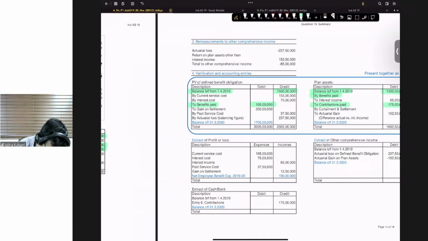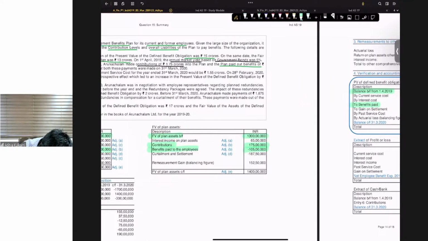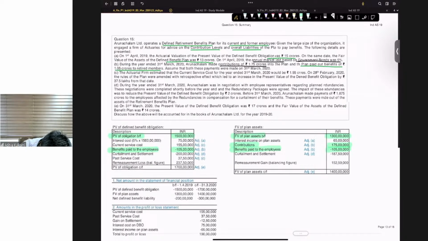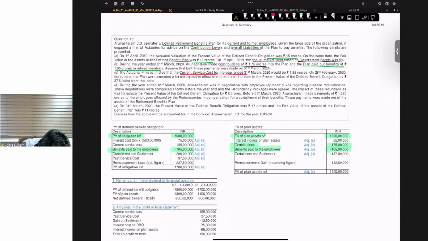The actuarial firm estimated that the current service cost for the year ended 31st March 2020 would be rupees 1.55 crore. Current service cost means employees have given the service today, which gives them entitlement to the obligation in the future. So it increases the obligation. Current service cost increases the liability.